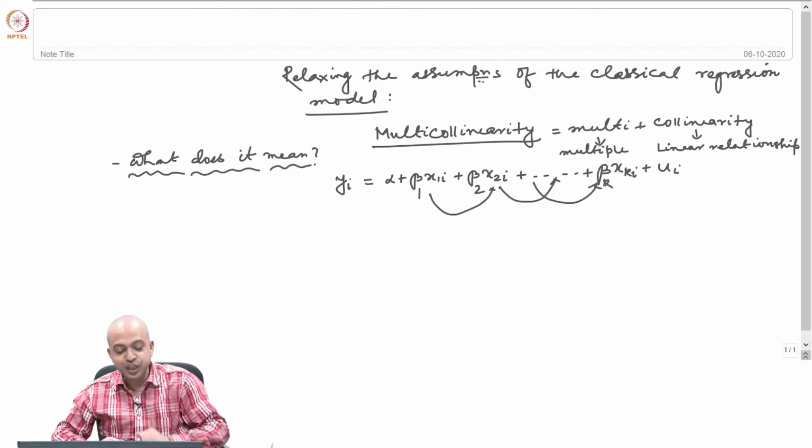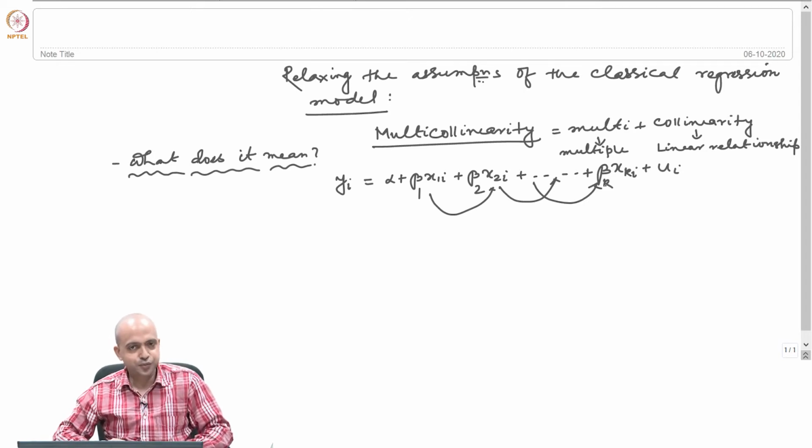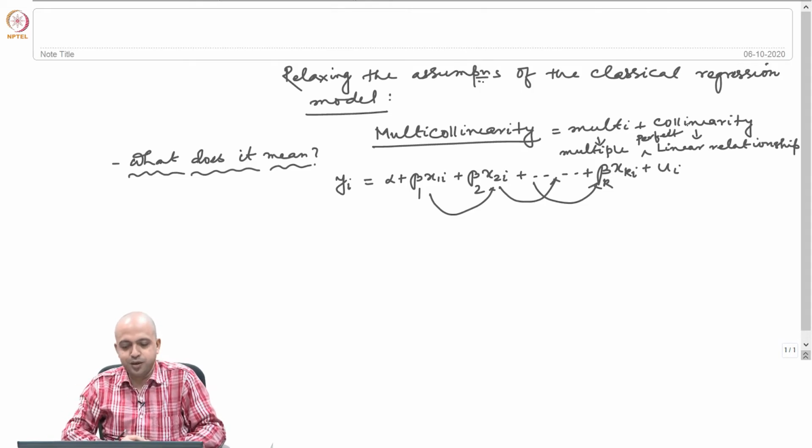That is the actual meaning of multicollinearity, but when you estimate a model, even if you get one such linear relationship, called a perfect linear relationship, we say there is a presence of multicollinearity. What is the meaning of perfect? I will explain.